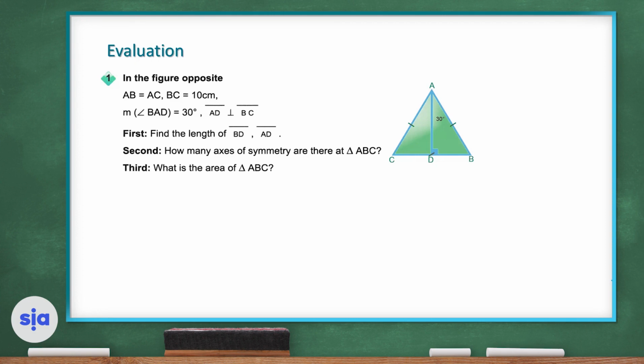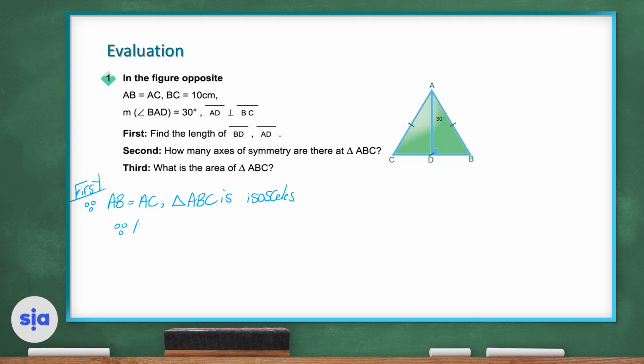In the figure opposite, AB is equal to AC, where BC is 10 centimeters long, and the measure of angle BAD is 30 degrees, where AD is perpendicular to BC. The first requirement is to find the length of BD and AD. First, since AB is equal to AC, then triangle ABC is isosceles.